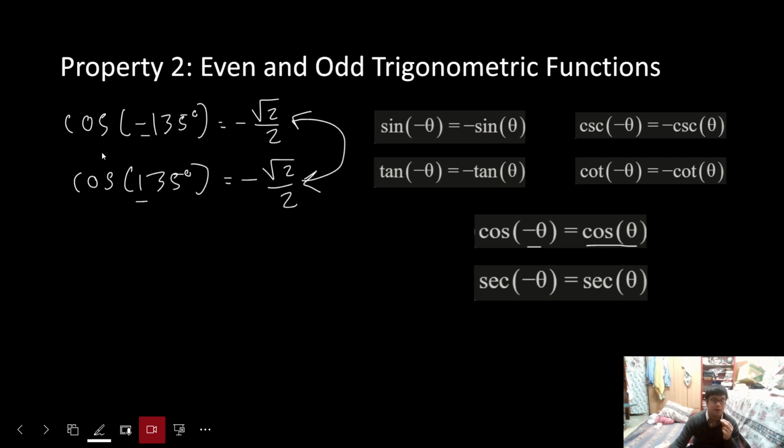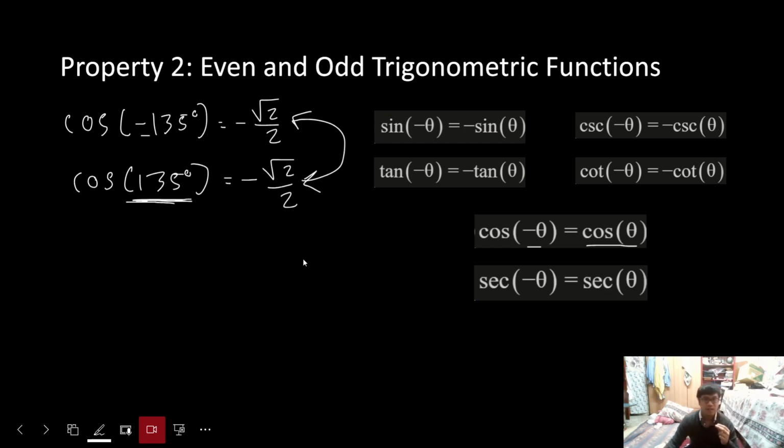By the way, I told you the technique before. For example, if you do not know the value here, remember reference angle? Apply that. Then, of course, you need to know the position of this given angle.